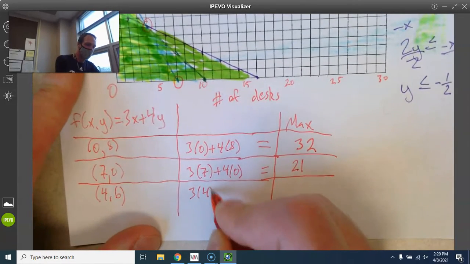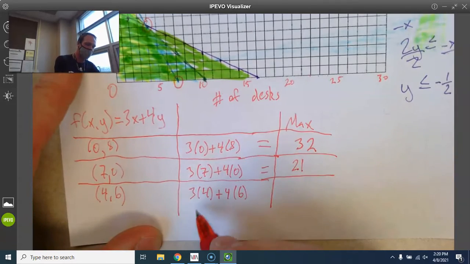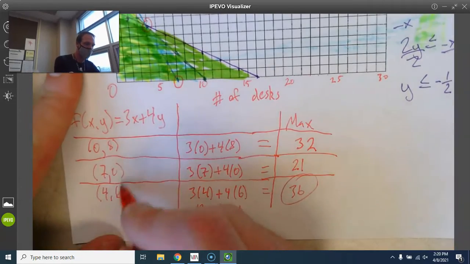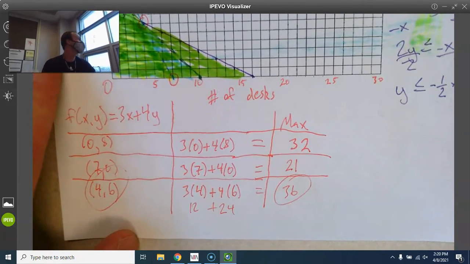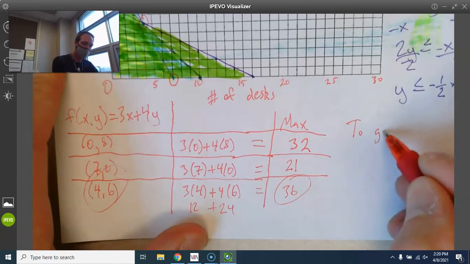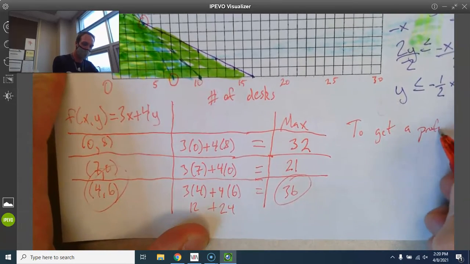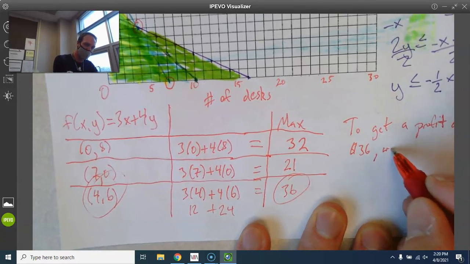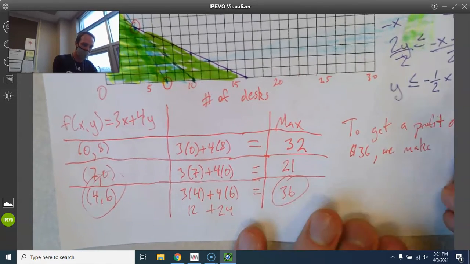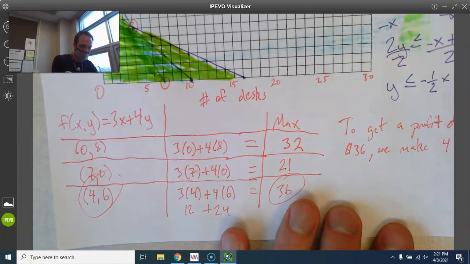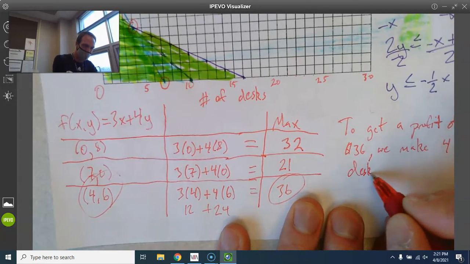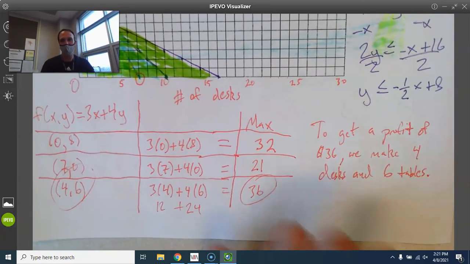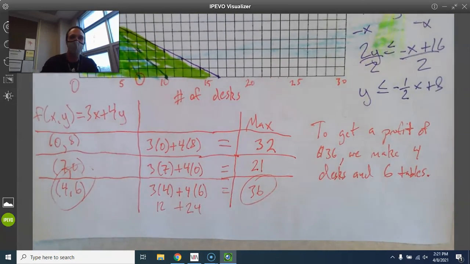And then 3 times 4 plus 4 times 6 is 12 plus 24, which is 36, and that was our maximum. So to get a profit of $36, we make 4 desks and 6 tables. Any questions? Send me an email.